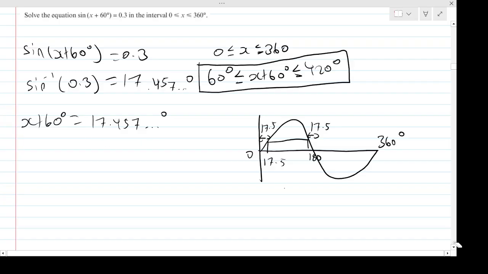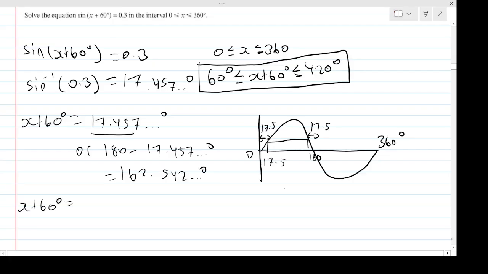So I take our first solution away from 180. 180 take away 17.457 would get me 162.542 degrees. So overall then, our solution x plus 60 is firstly going to be 17.457 or 162.542.